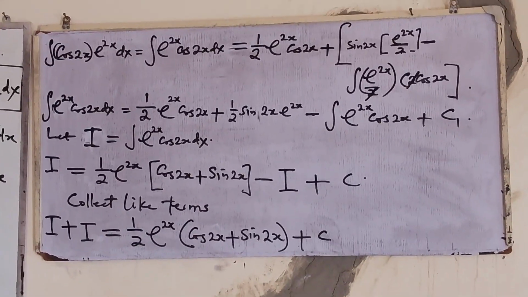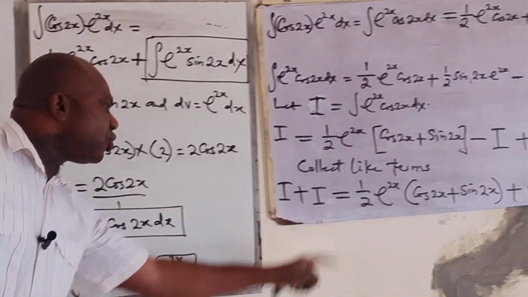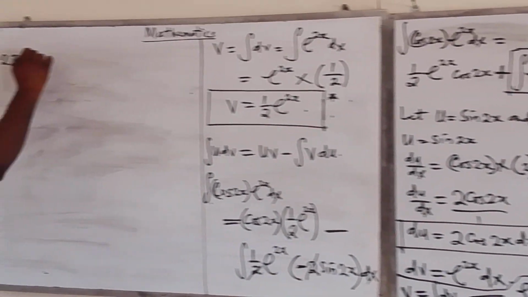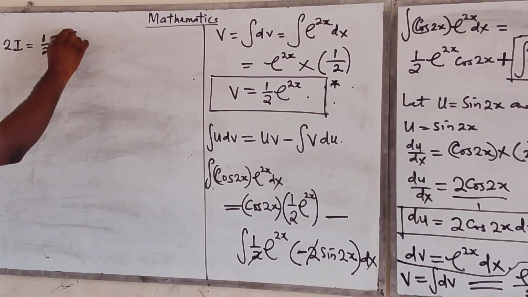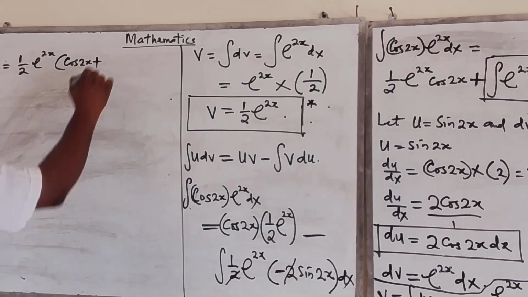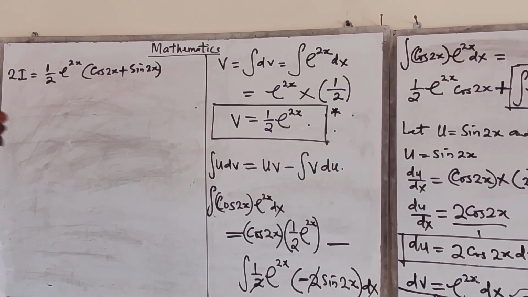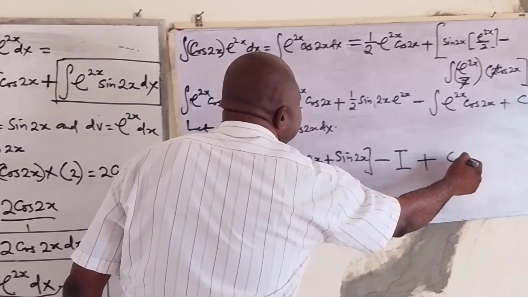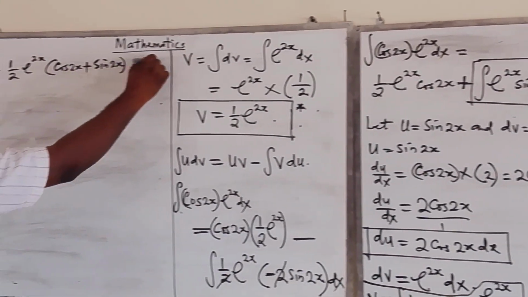So it therefore means that 2I will be equal to 1 all over 2 e power 2x in brackets, cos 2x plus sine 2x. Now let me put C1 here, that's the partial constant. So I'll put my C1 here.